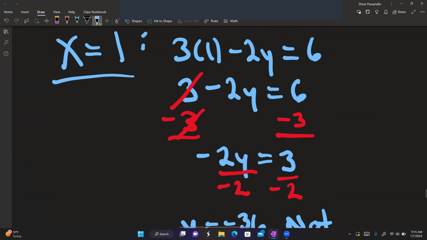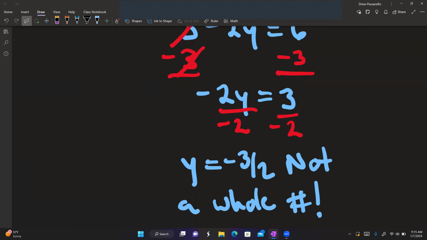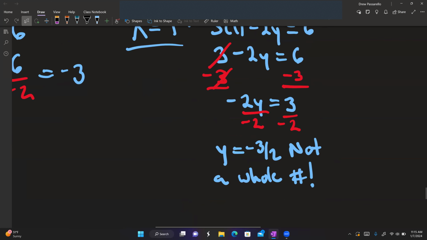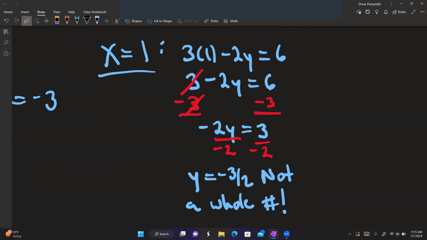Okay, so I would disregard x equal to 1 and choose a different x value. So here's the work. When you plug in 1 for x, you get y equal to negative 3 halves, which is negative 1.5 as a decimal number. And it's easier to use whole numbers to graph the line, especially when you're using the Hawk software, because you'd have to guess where negative 1.5 is for the y coordinate based on the software.